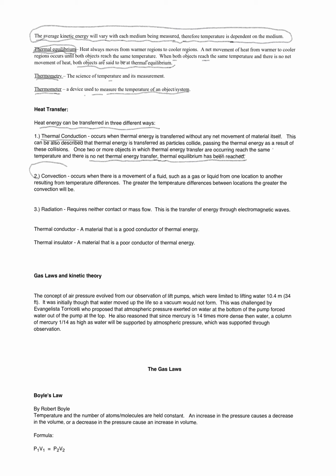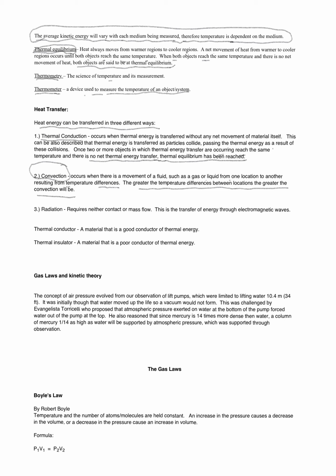Convection. This occurs when there is movement of a fluid, such as a gas or liquid, from one location to another, resulting from temperature differences. The greater the temperature differences between locations, the greater the convection will be.